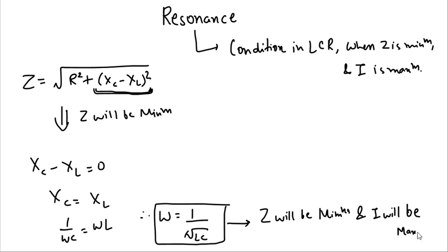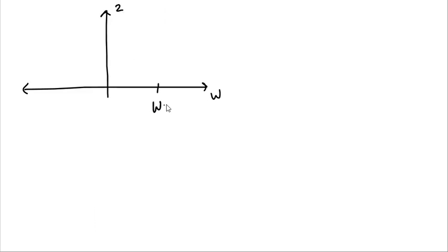Current will be maximum. For resonance, please remember there are two graphs. One is for impedance Z against angular frequency. Z will be minimum when omega is equal to 1 upon root LC, and at this frequency the value of Z will be equal to R because XL and XC cancel out.